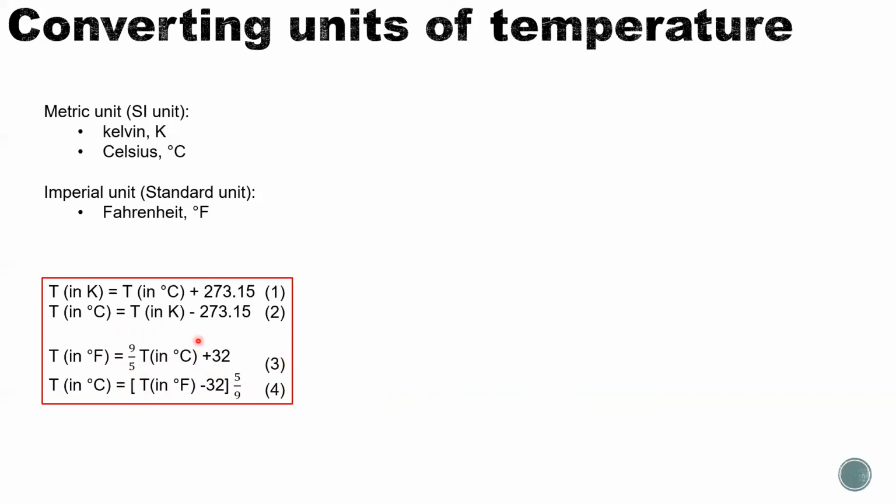The unit conversion equations in 3 and 4 will be provided if you meet them in the exam. For 1 and 2, you need to remember the difference of 273 between Kelvin and degrees Celsius.